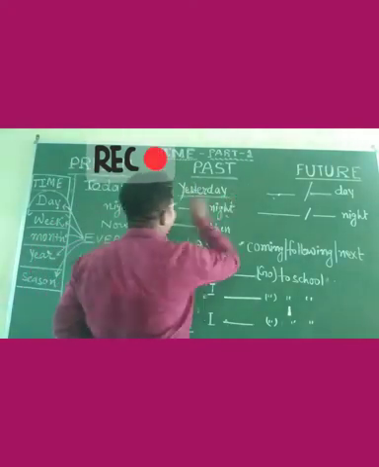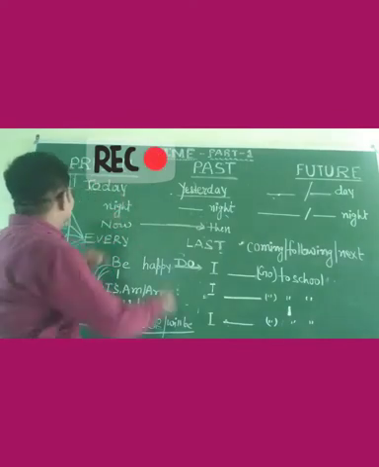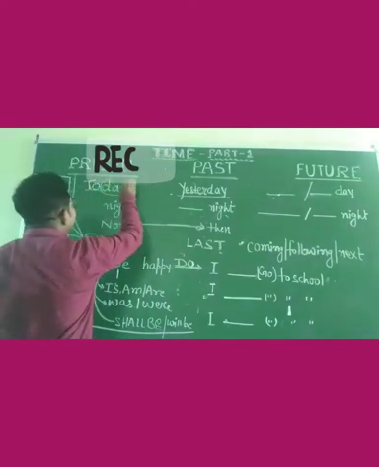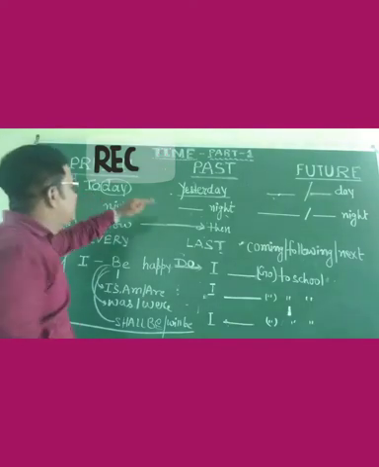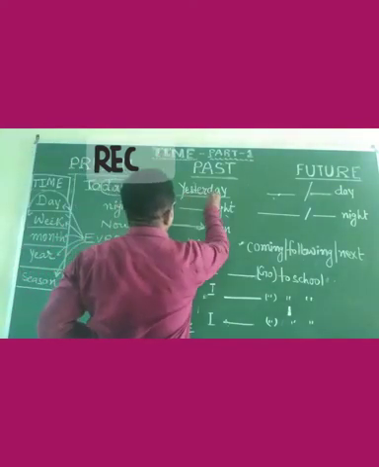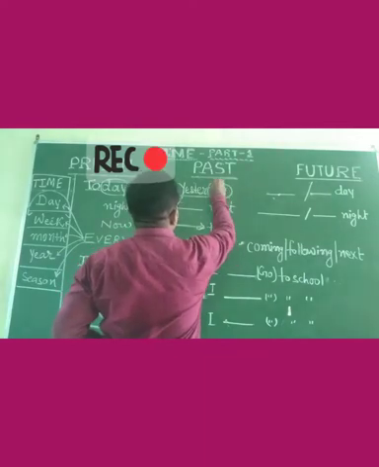Yesterday. The same day, this is the day, and when we add to before the day, it becomes for present, today. When we add yesterday before the day, it becomes what?